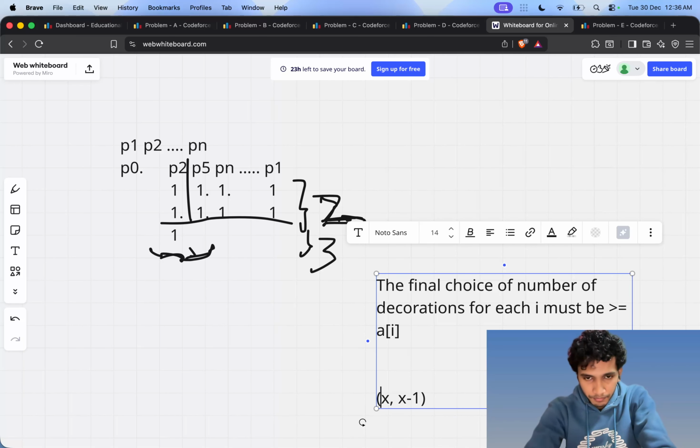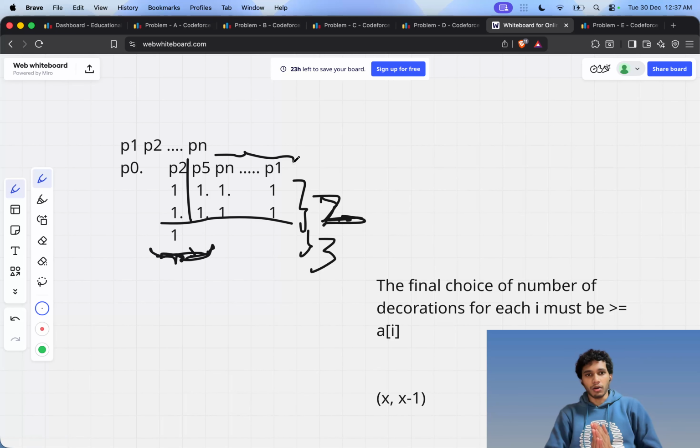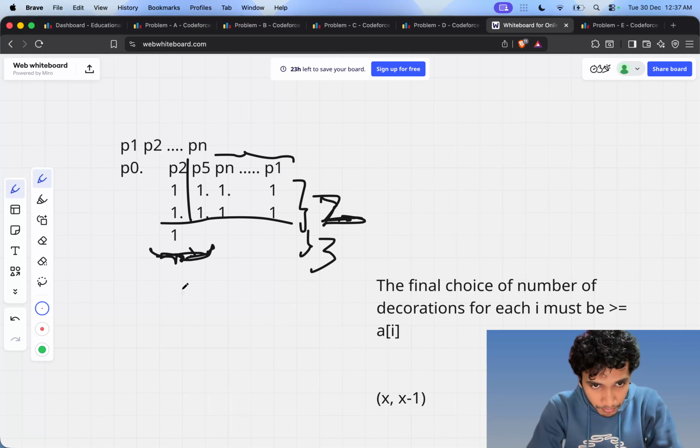What does this mean? It means that if the starting person chooses three decorations, then the ending persons will have to choose exactly two decorations. Why so? Because let's say P1 chose one decoration.